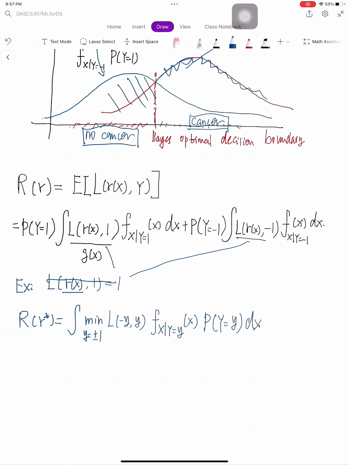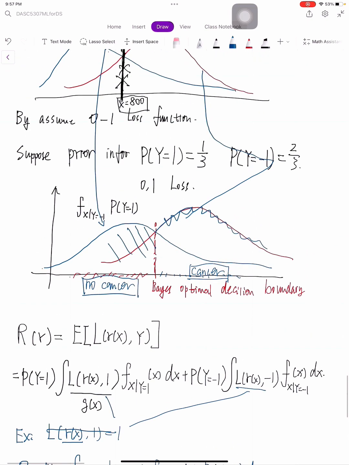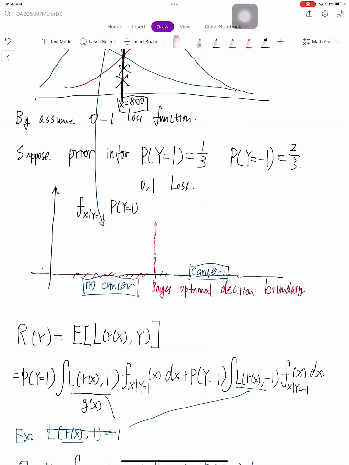Okay. Actually, what does this mean? It means the risk function is just the integration. Let me redraw this part for you.